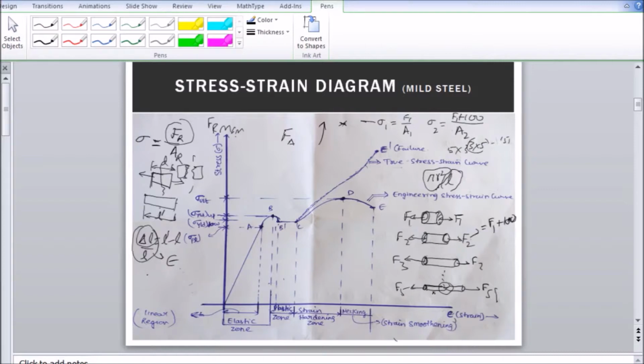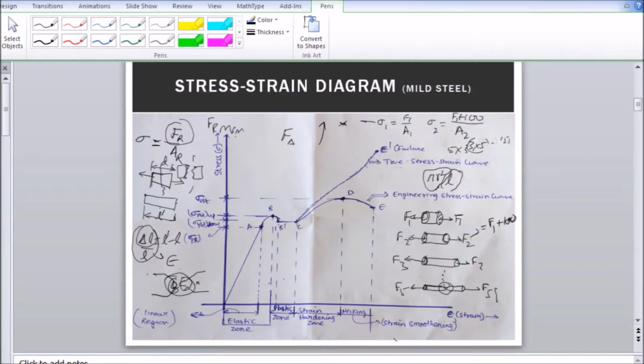When you zoom in on this part, it will look something like this. This is a conical shape, this is a cup shape, and this is the fracture visualized after the specimen is broken.